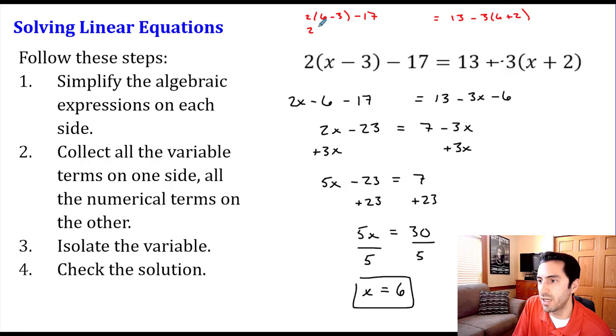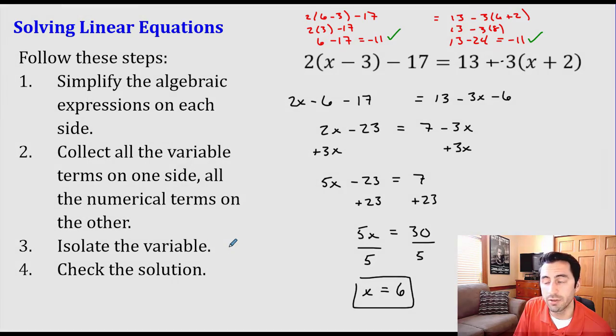We have 2 times 3 minus 17, which is 6 minus 17, which is negative 11. And then here on the other side, this is going to be 13 minus 3 times 8. And it's 13 minus 24, which is also negative 11. So that checks out. We end up with negative 11 on both sides, so we were right.